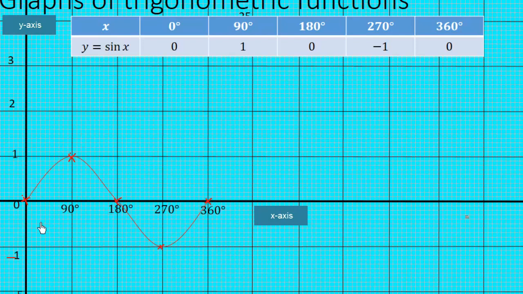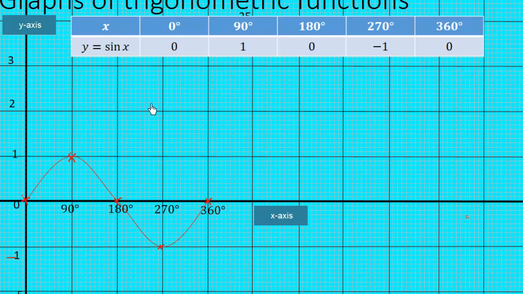Looking at this graph, you can see that the graph does not go beyond some number. The highest it was able to go is 1, and it came down to -1. So 1 and -1 are called the maximum and the minimum values, respectively. The maximum value is 1, and the minimum is -1.